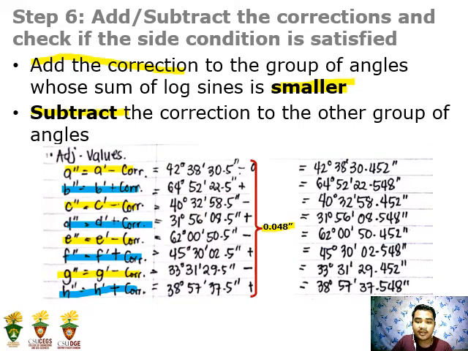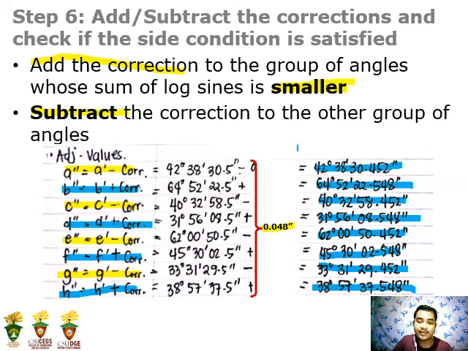So we have now the adjusted angles after the side condition: A to be 42 38 30.452 seconds, B to be 64 52 22.548, C to be 42 32 58.452, D to be 31 56 08.548, E to be 62 degrees 50 minutes 50.452 seconds, F to be 45 30 02.548, G to be 33 31 29.552, and lastly H to be 38 57 37.548 seconds.